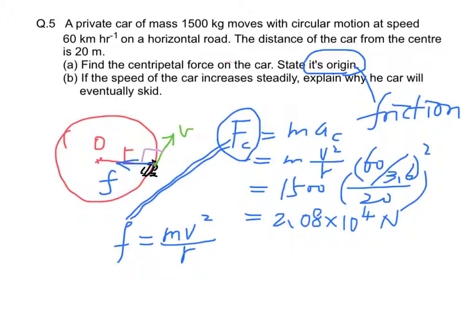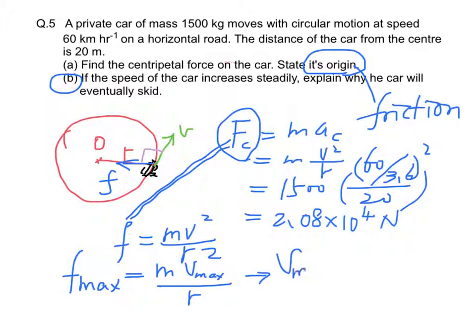For part B, since friction has its maximum value, therefore the maximum friction equal to m times the maximum speed squared over r. This implies we have a maximum speed.